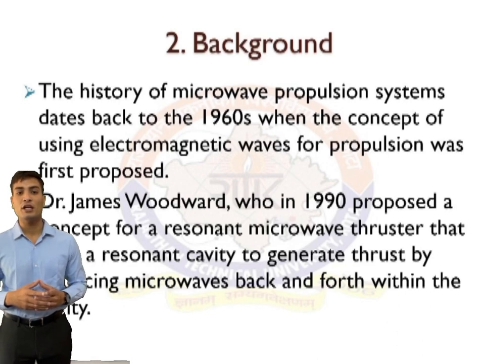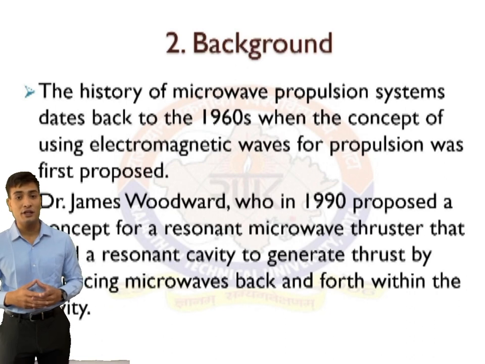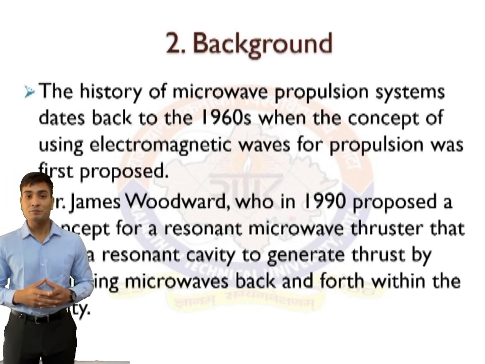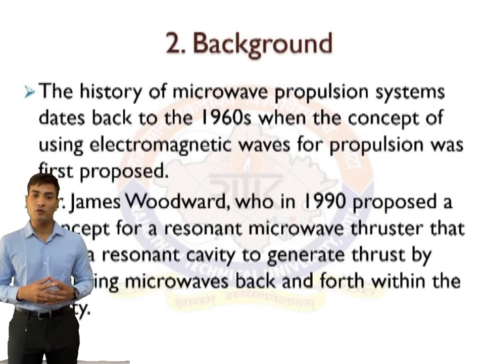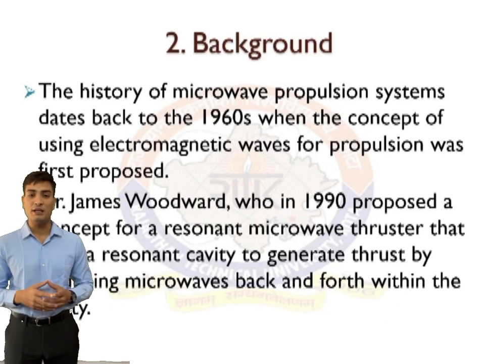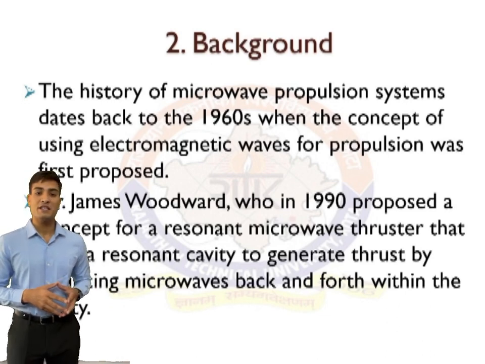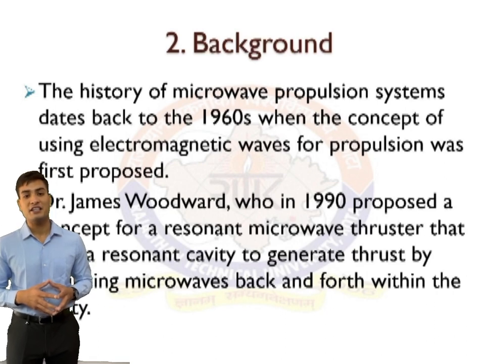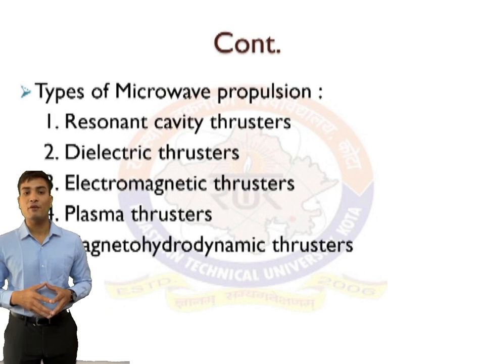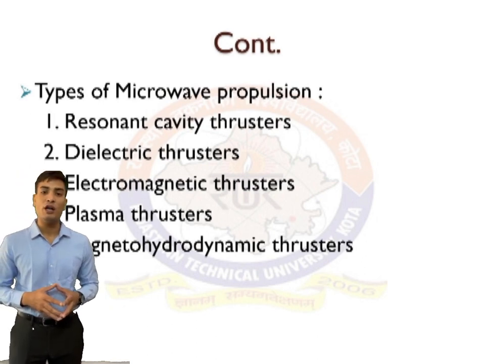In 2014, a team of Chinese researchers announced that they had successfully tested a microwave thruster in a vacuum chamber, producing a small but measurable amount of thrust. This was followed by a similar announcement from the team of NASA's Johnson Space Center, who reported in 2018 that they had tested the microwave thruster, the EM drive, in a vacuum chamber and observed a small amount of thrust.